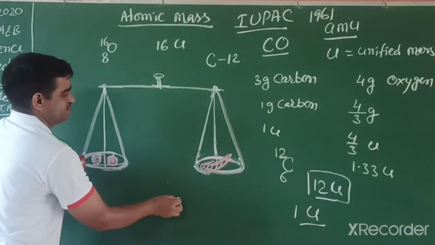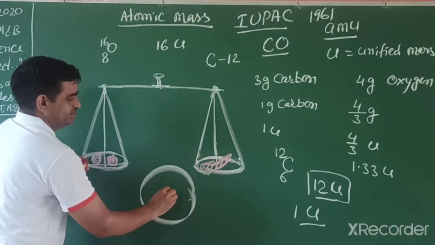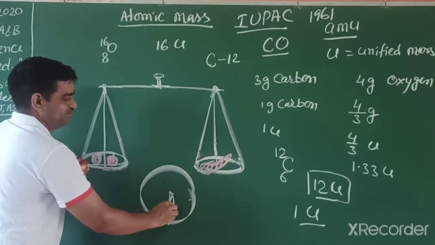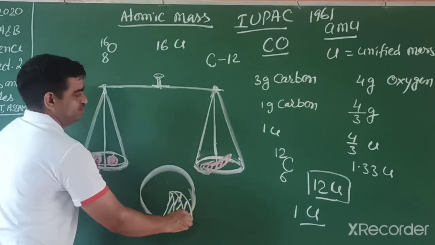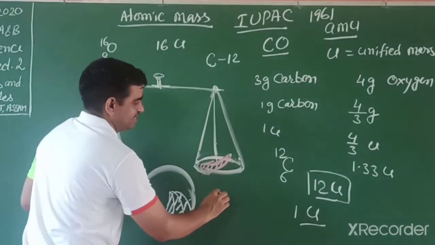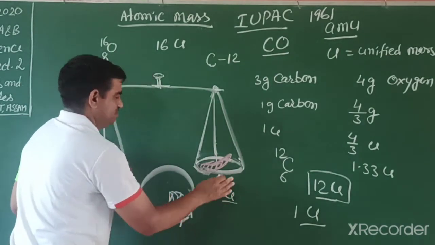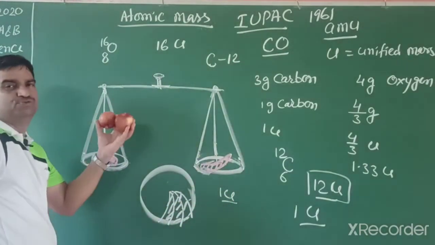If we divide the watermelon into 12 equal pieces, then this one piece acts as 1U, and it is equal to an apple.